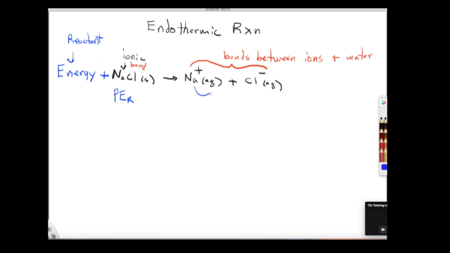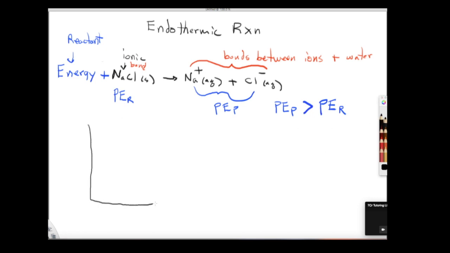And the products also have an energy, which is PE products, potential energy of the products. All right. Now, in this case, what makes this different than the last example is that the potential energy of the products ends up being higher than the reactants.